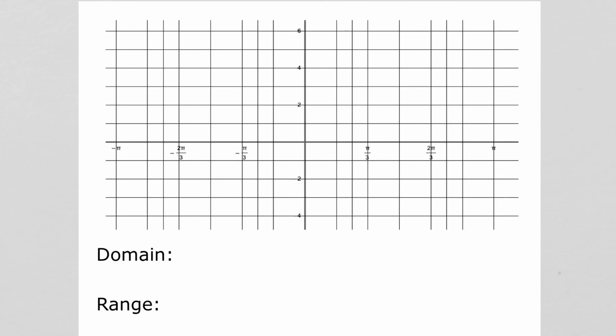So let's start graphing this a bit. We know that sine normally starts at 0, 0, but there is a vertical shift down 1, so we're going to go down to 0, negative 1.